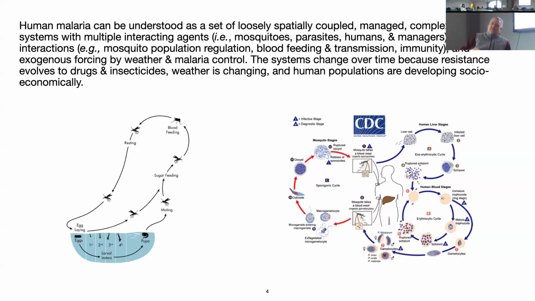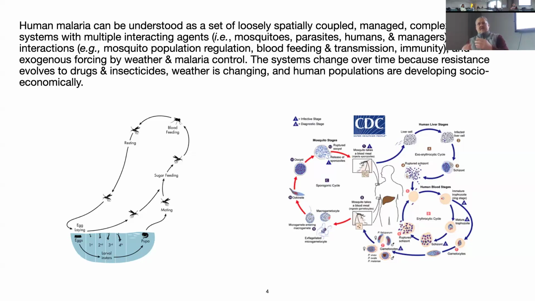Once they come out of the liver, they start replicating in blood. That replication cycle we call the asexual cycle. It just goes over and over again, and that's where you develop very high densities of parasites that are responsible for most of the disease.